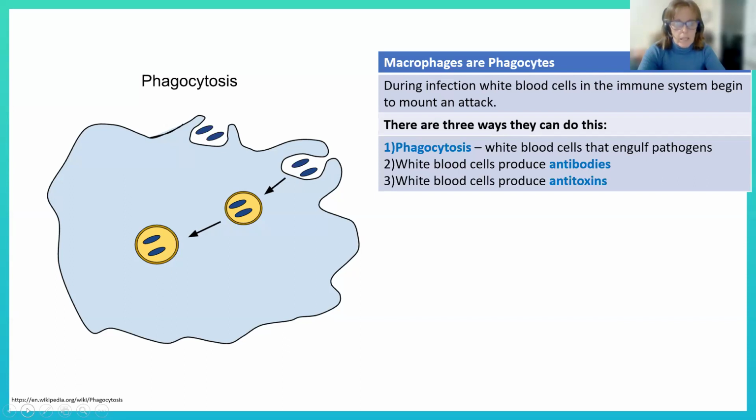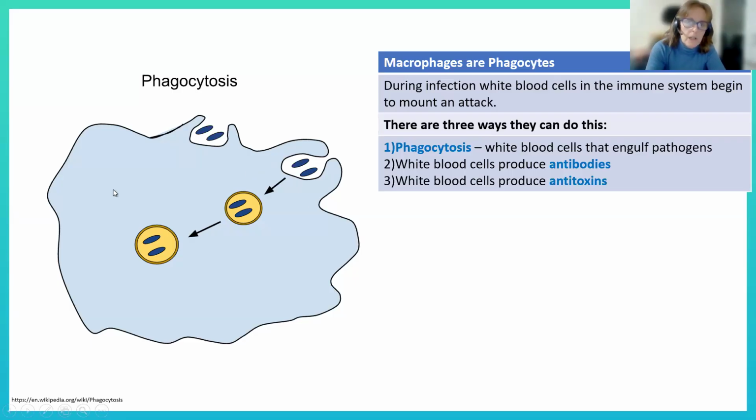They can produce antibodies, which act as a little flag to notify the rest of the immune system there's a problem here, come and deal with it. And they produce antitoxins as well, which try to stop the damage of any toxins released by these invading cells.